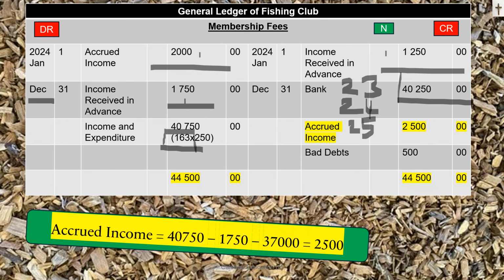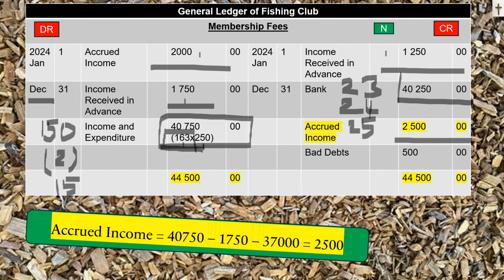This number I calculated by getting the number of members. The number of members, they will tell you. We started with 150. Two were bad, 15 joined. That's 163 members multiplied by the yearly membership fee. That gives you the actual income that you've earned for the year. Then there will be this number that needs to be calculated, but first of all I would calculate the bad debts.